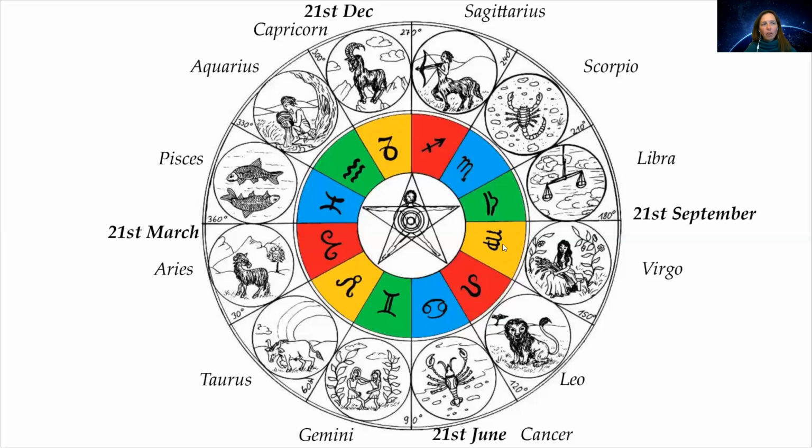And we are coming to the season where we can reap the fruit of nature, of any plant, or like sowing and harvesting and everything. So this is an earth sign, a very stable one. It's the second earth sign.